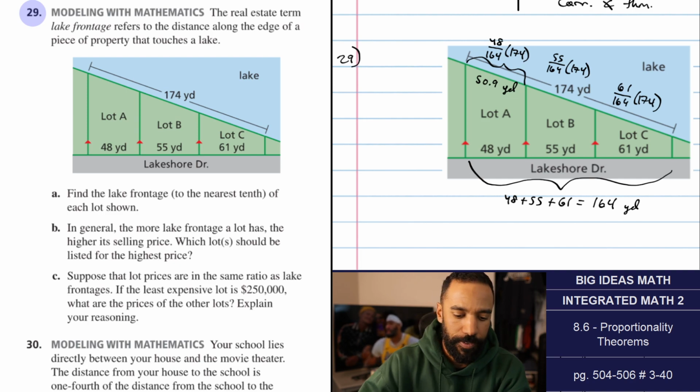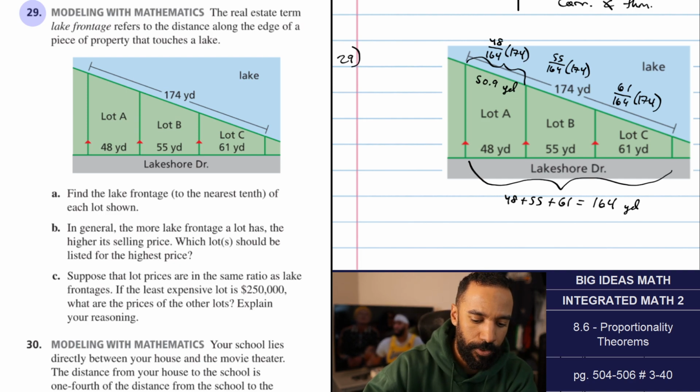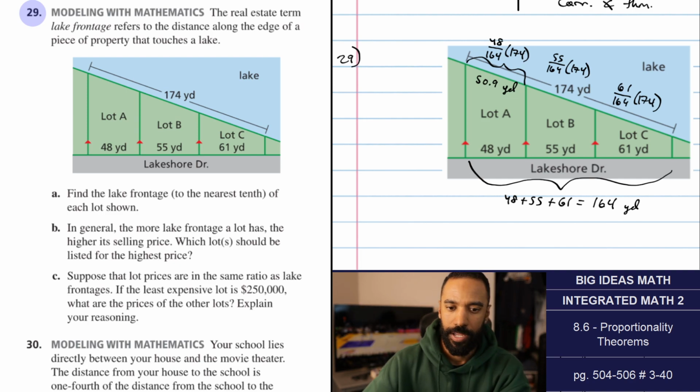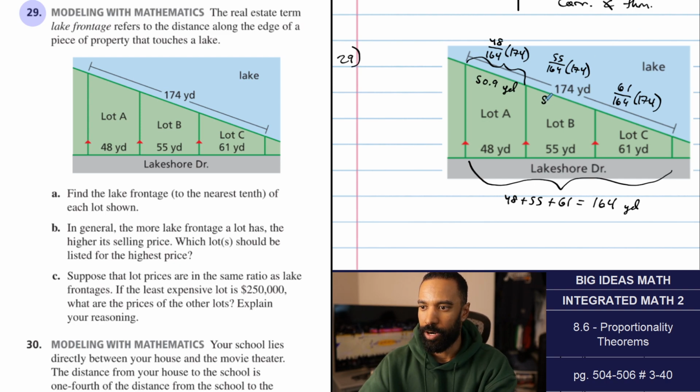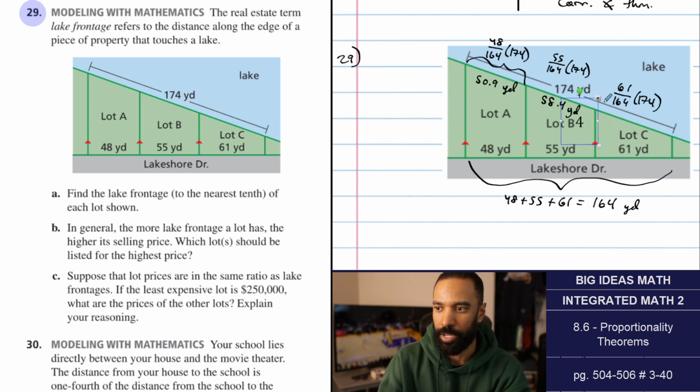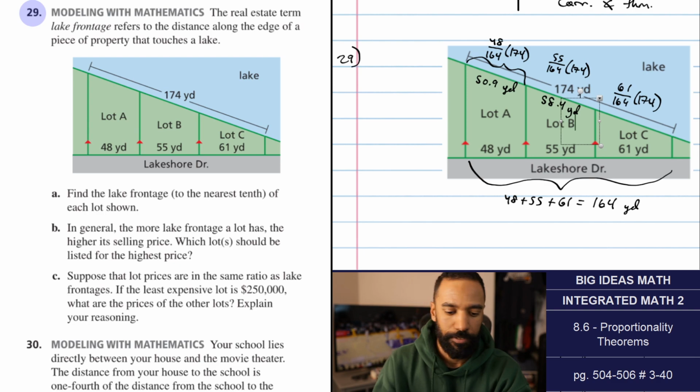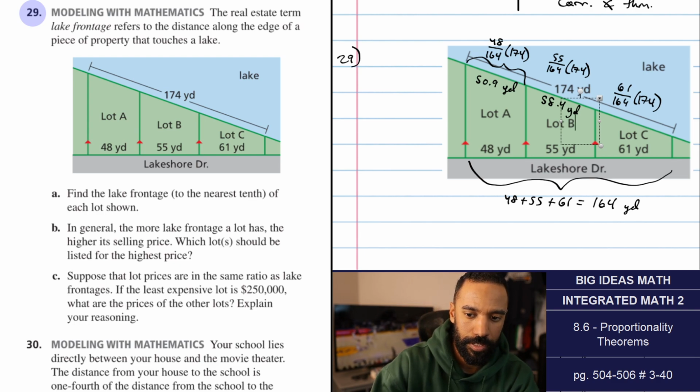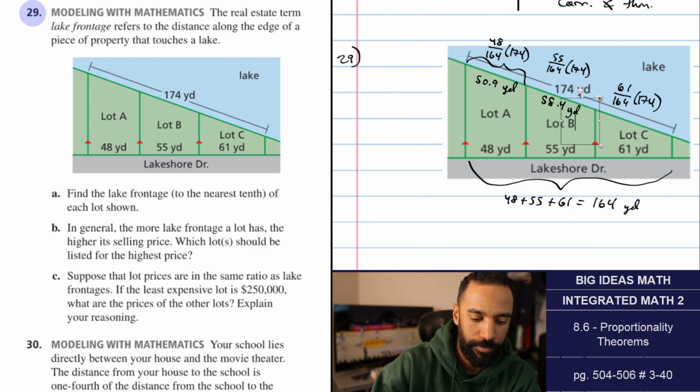And then let's do 55 over 164 times 174. That's 58.4 yards. Let me first make sure 48 plus 55 plus 61 is 164. Okay, 164.